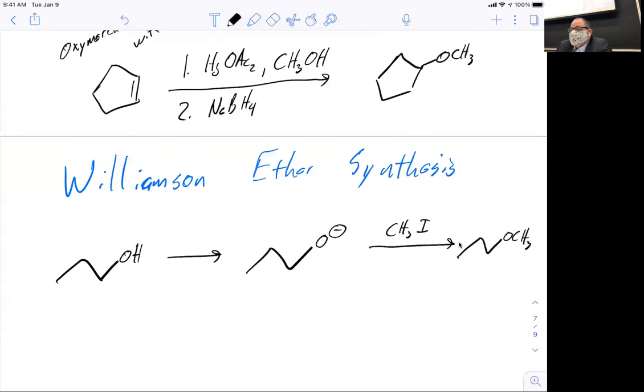Okay. So more or less, it's making the alkoxide and then doing an SN2 reaction. Making the alkoxide, what we do here is there's a couple of reagents that make it a little bit better, but anything that can make the alkoxide will work, right? So most bases.